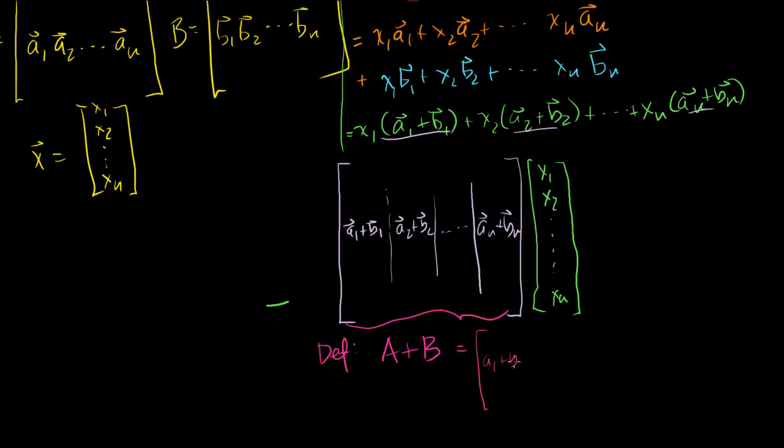So a1 plus b1, just like what I did here, I don't have to rewrite it, all the way up to an plus bn as the last column. And you've seen this before in your Algebra 2 class, but I wanted to do it here because this shows you the motivation for it.